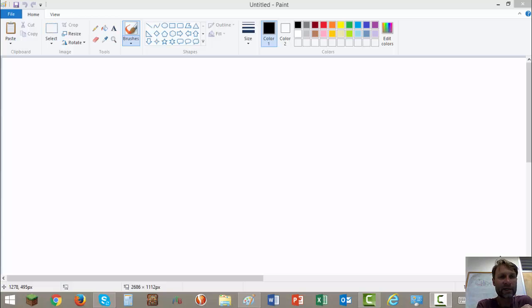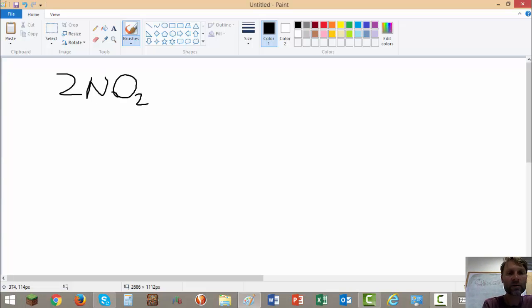Now we're going to calculate the delta G when the syringe becomes pressurized. So when the NO2 N2O4 equilibrium undergoes a high pressure change, how does it respond?